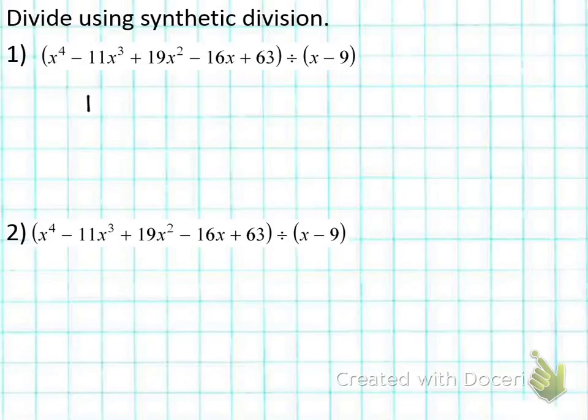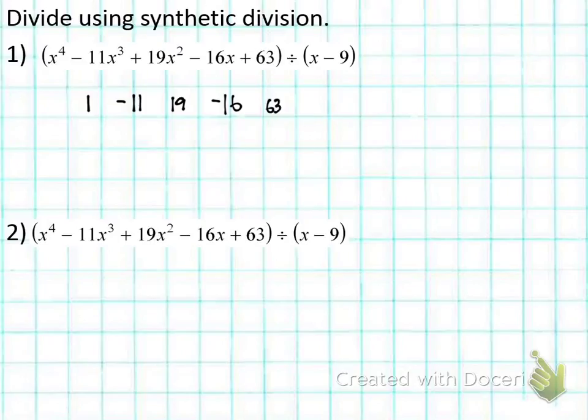It's a 1. Then x to the third, the coefficient is negative 11. Next coefficient, positive 19. Next, negative 16. Next, positive 63. Okay? And that's it for that.